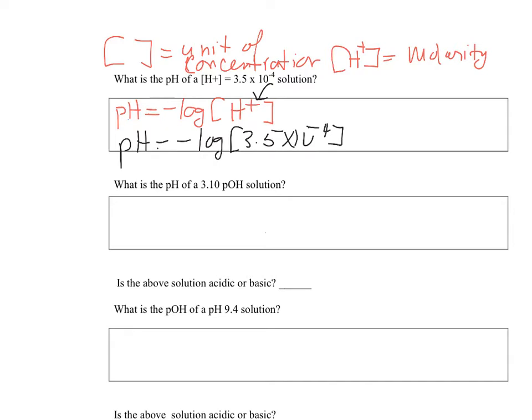And I'm going to take the negative log of 3.5 times 10 to the minus 4, and I'm going to get a pH of 3.5. Now in class we said that was a coincidence. It happens to be the same number as the concentration, but that doesn't always happen. The pH for this problem, the answer is 3.5.